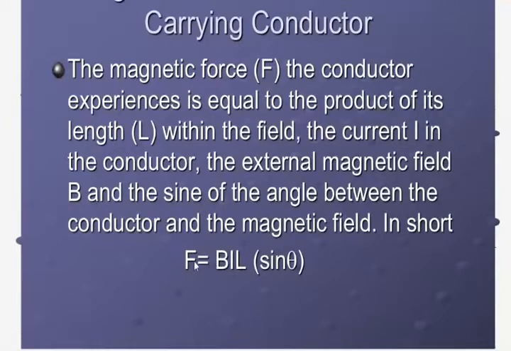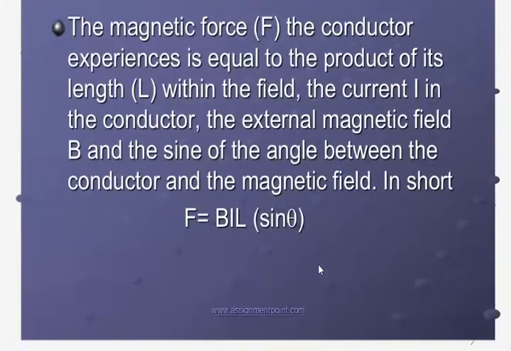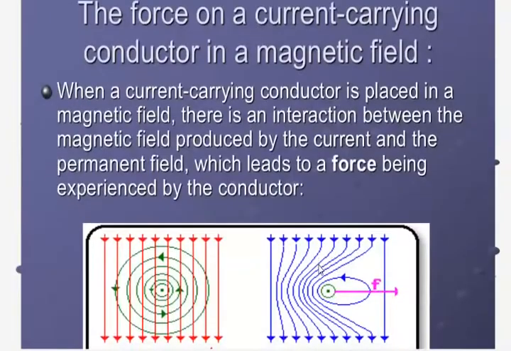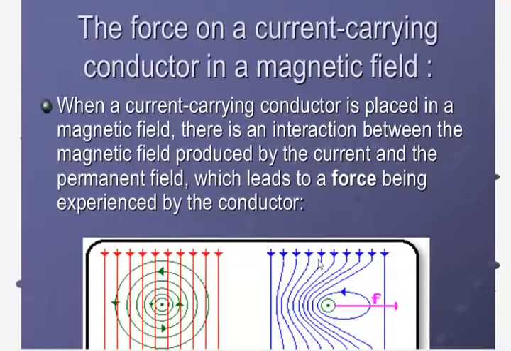The force is expressed as F equals ILB sine theta. It means the magnetic force depends on the orientation of the current carrying conductor with respect to the magnetic field. So now, keeping in mind this formula, magnetic force F equals ILB sine theta, we will be able to describe the electric motor.